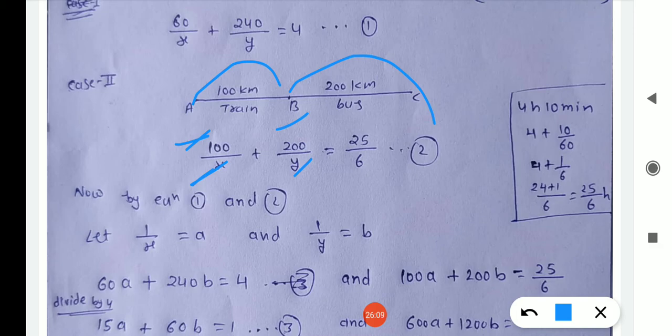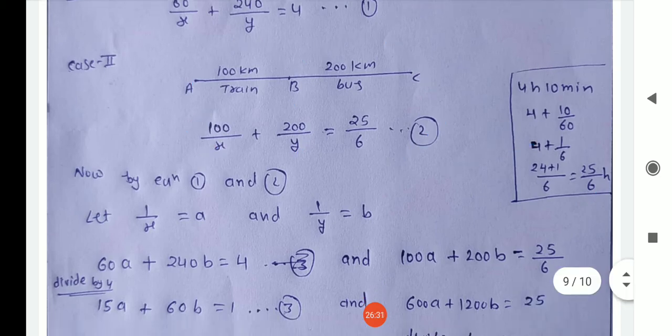It means in the first case 4 hours, so here 4 hours 10 minutes. We simplify it: 4 plus 10 upon 60, because we know that 1 hour equals 60 minutes. So 4 plus 1 upon 6, we take LCM 6, so 24 plus 1, we get 25 upon 6 hours. So this is our equation first and this is our equation second.